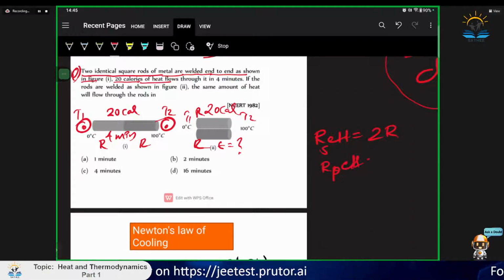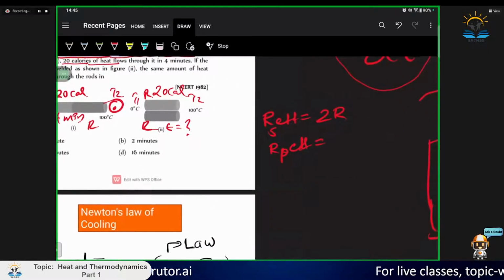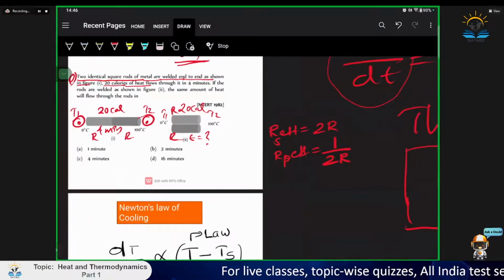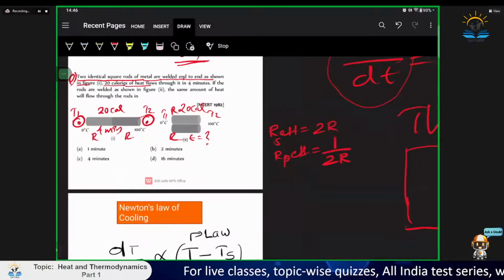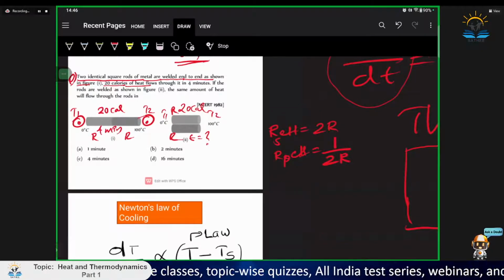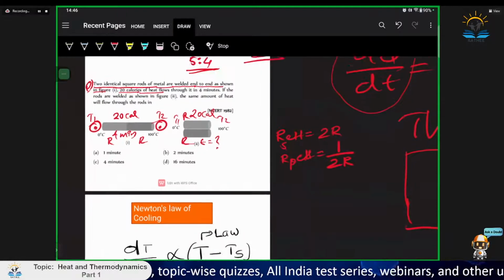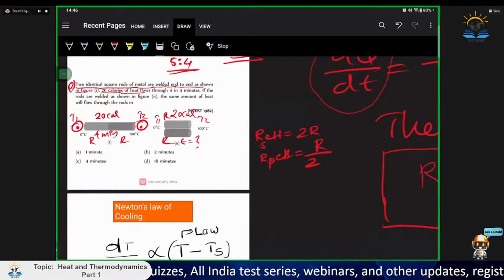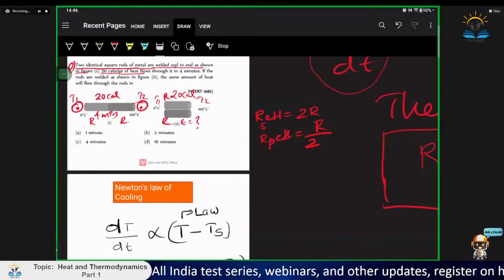What is parallel connection? 1 by R effective is equal to 1 by R plus 1 by R. So R effective is equal to, sorry, R by 2. Okay, R by 2. So we got R effective.